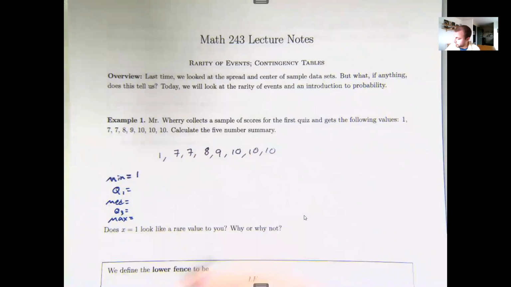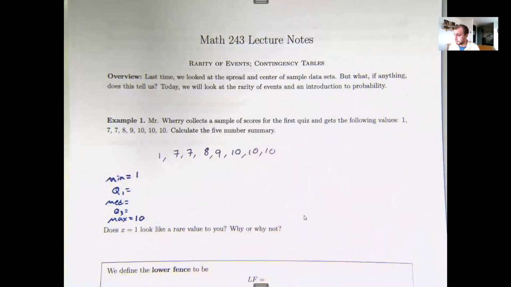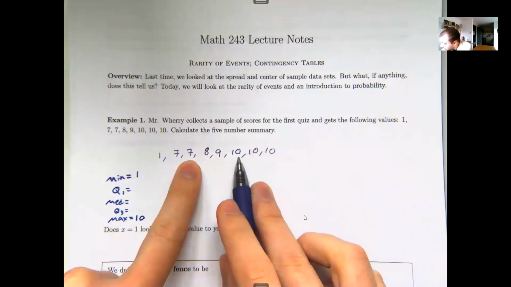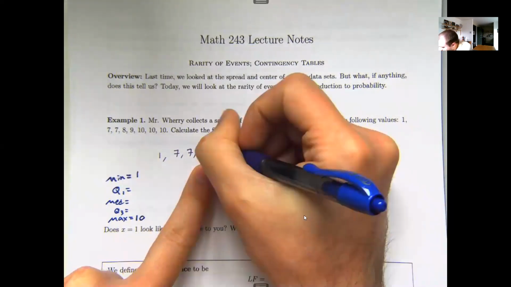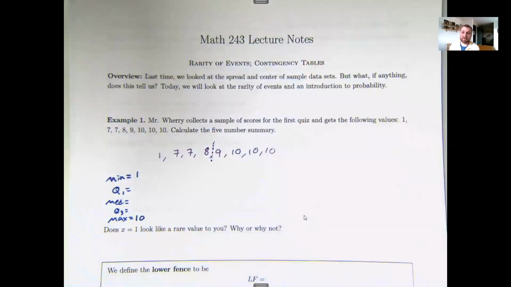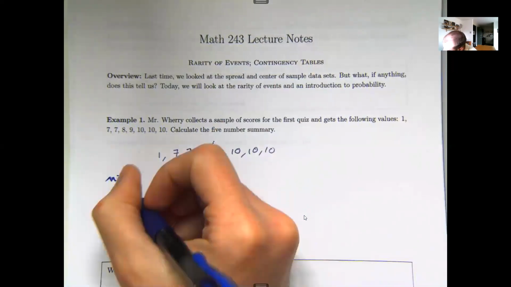My largest number is 10. I have my min and my max. Going through pairwise until I get to the center, I can see that my middle number is somewhere between an 8 and a 9. If I'm splitting my data in half, I have 8 values. 8 split in 2 is 4 and 4. I have 4 in the upper and lower half. Between 8 and 9, my median is 8.5.